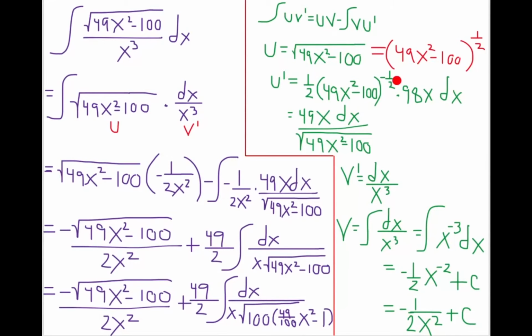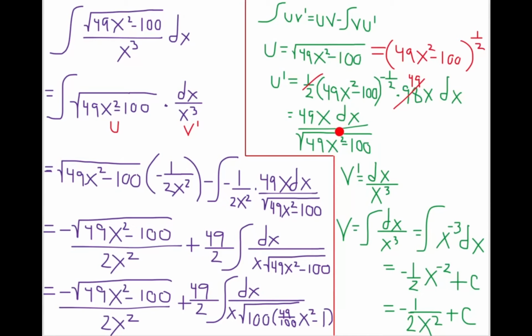So basically, a negative 1/2 power becomes a square root in the denominator. So that's what we have there. And then I took the 98 and multiplied by 1/2, and I get 49. So that's the work that you see here. So we have our 49x, and this power of negative 1/2 puts all this down here. Okay. So that's a simplified version of u prime.